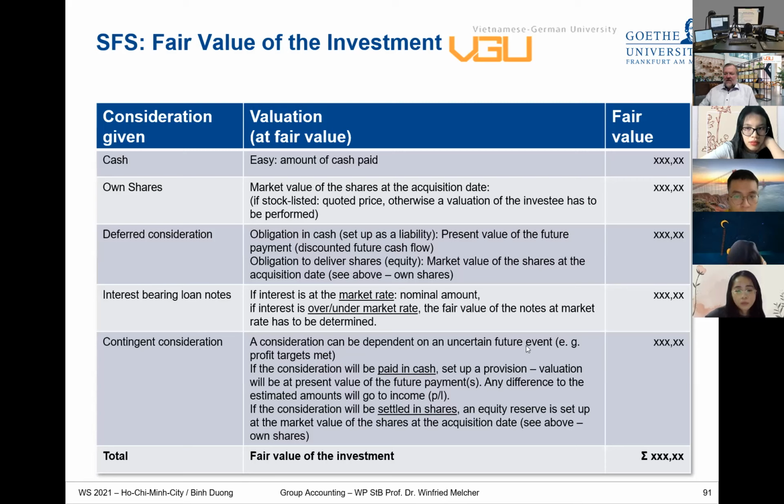But in theory, you have to calculate the probability of whether this uncertain future event will or will not happen. So it's kind of a highly educated guess what that contingent consideration will be. But all in all, when you add those components, you will receive the fair value of the investment.